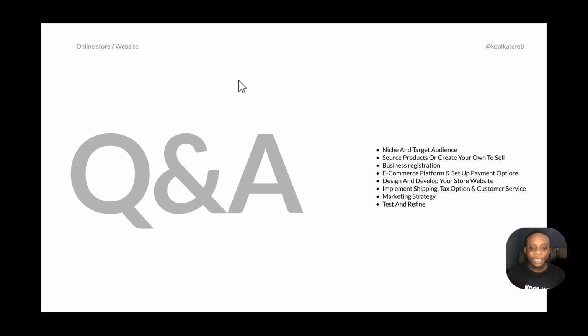Looking at this process, me going through it may look very long, but if you look at it from the angle of, okay, I want to start an online store, all I need to do is understand who I'm selling to, I need to know where I need to get the product from, I need to also register my business, which is very important for a physical business. I need to set up a website and payment gateway so that I'll be able to receive money.